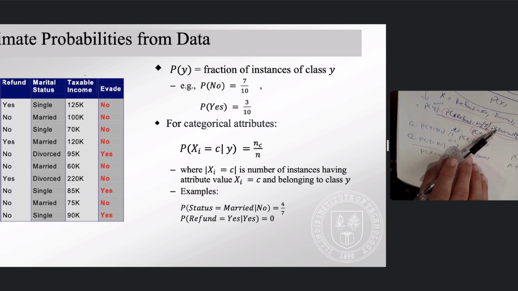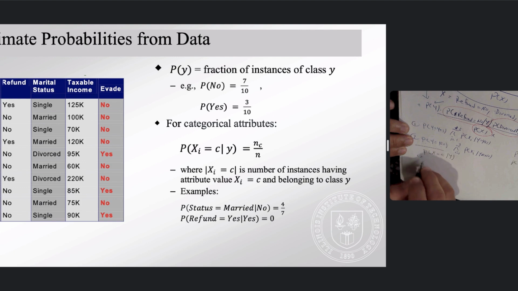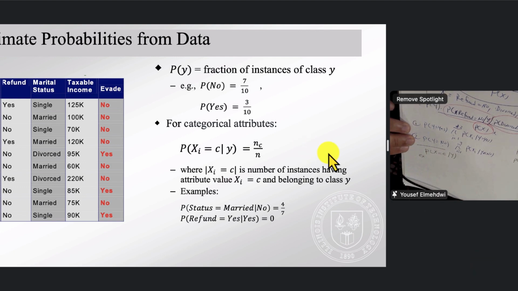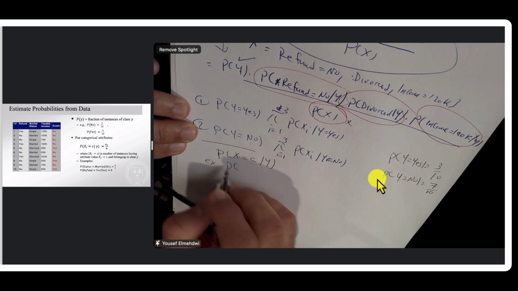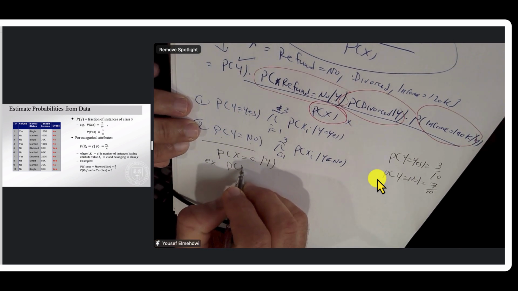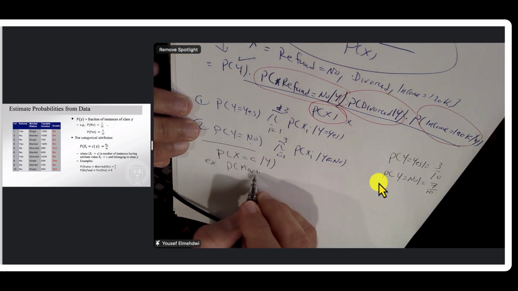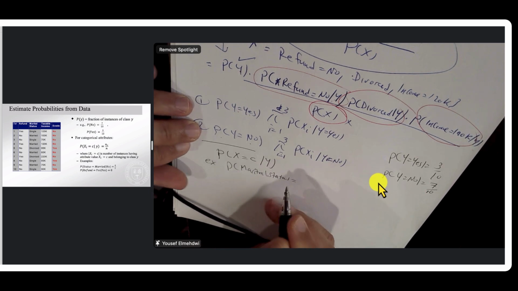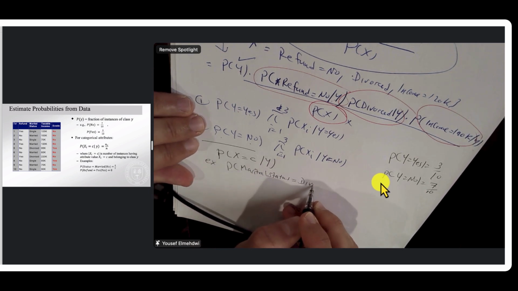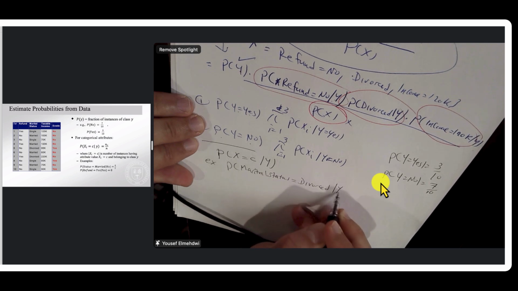In this case, the attribute is marital status, for example. I try to compute the probability of marital status equal to divorce, given y equal to yes and y equal to no. We have two options.